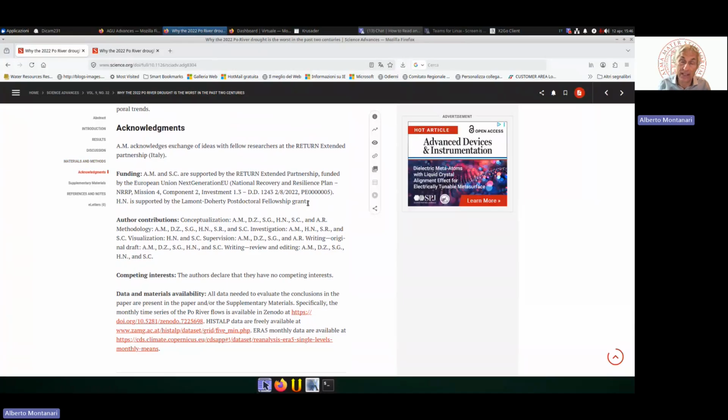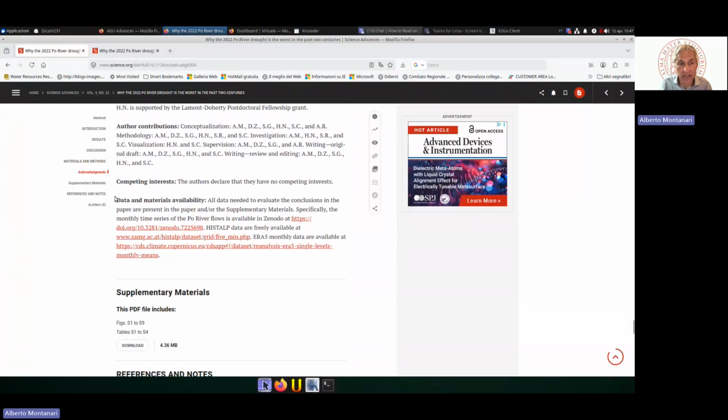Second, it gives you an idea of the context. So was it a project financed by public administrations or was it financed by the private sector? It's important. And also here it's required that the authors declare competing interest, and finally data and material availability.